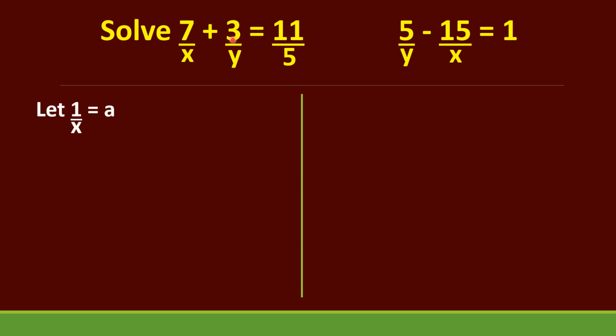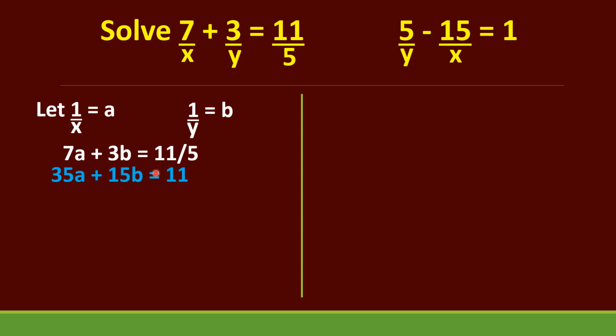Let 1/x = a and 1/y = b. So instead of 7/x, we can write 7a, and instead of 3/y, we can write 3b. Now we can solve the problem very easily. So 7a + 3b = 11/5.